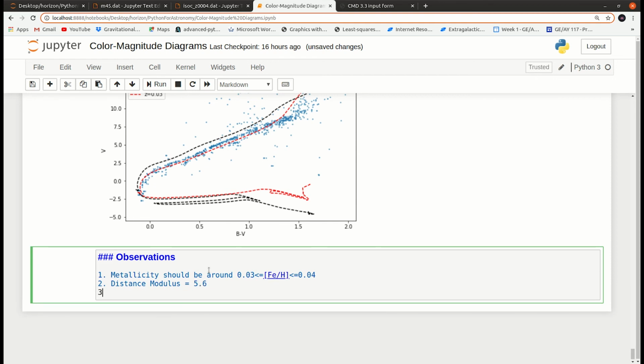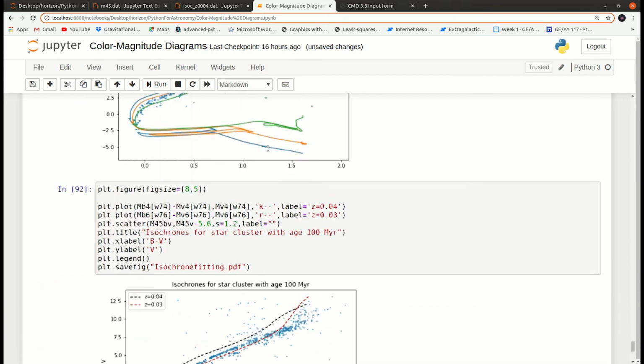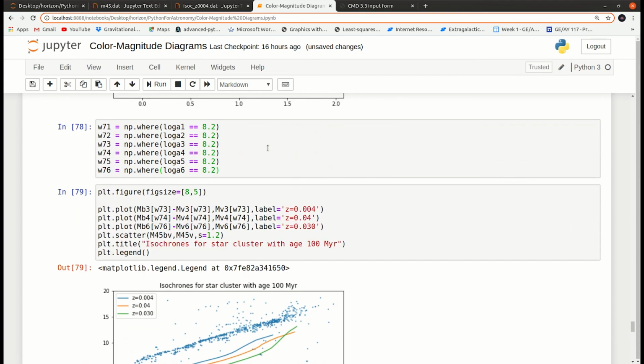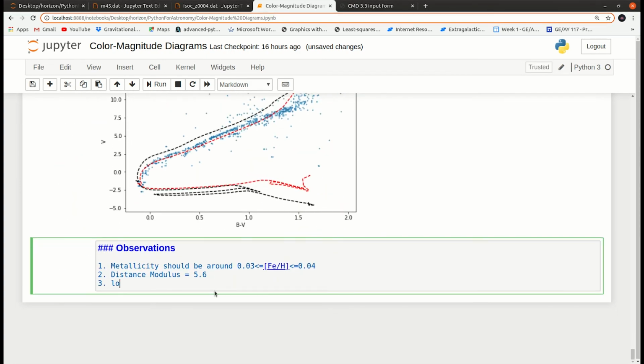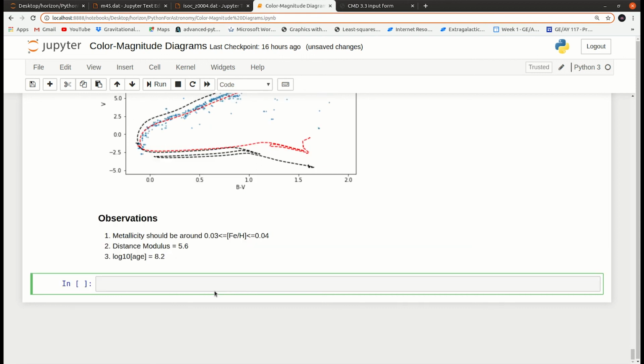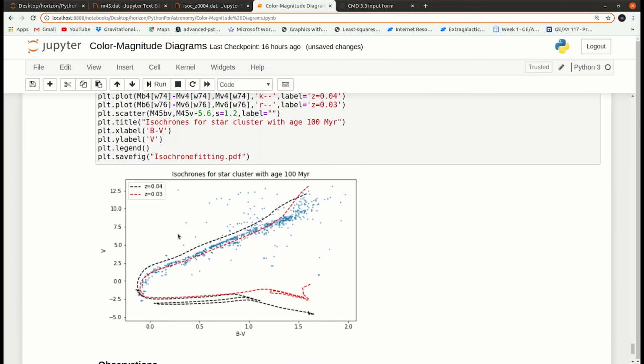And the next observation is about the age. The age was around 8.2, so log age base 10 is 8.2, which means the age of the cluster is around 10 power 8.2. These are the observations which you get.